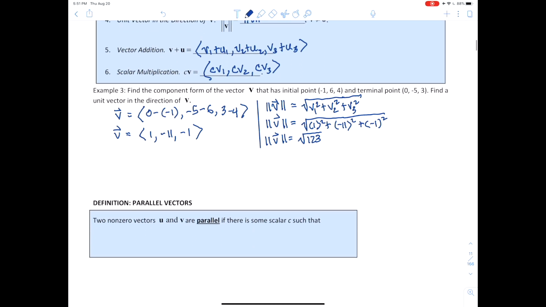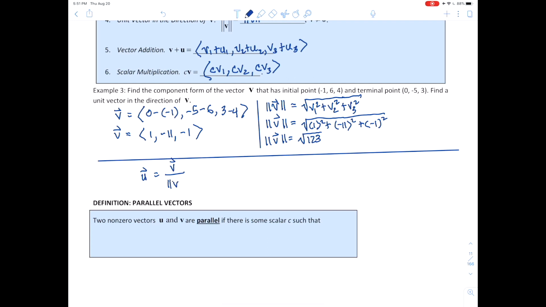So now a unit vector, let's call it u, in the direction of v is going to be u equals v over the magnitude of v. So we will have u is equal to the vector 1, negative 11, negative 1, over the square root of 123.